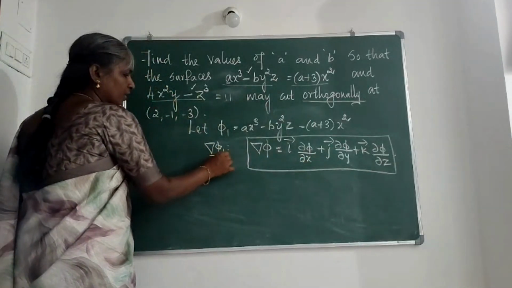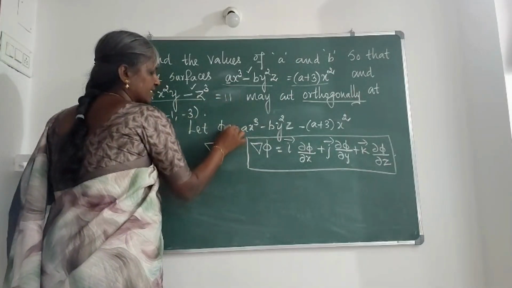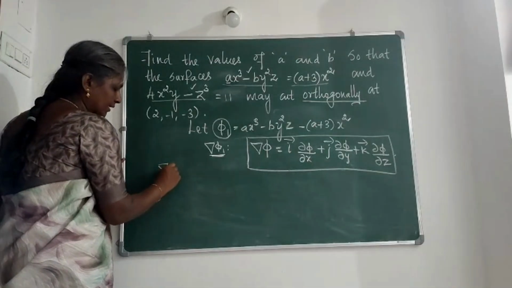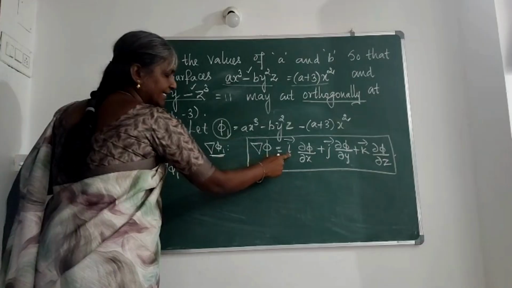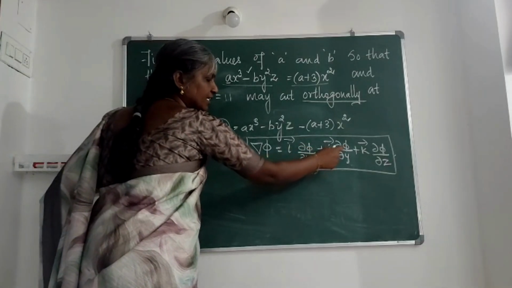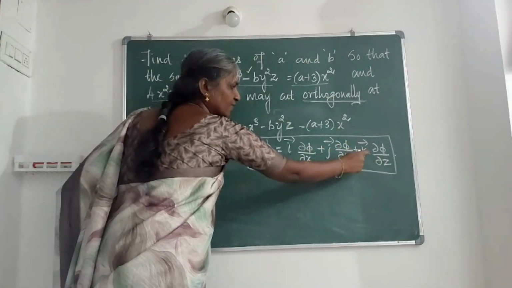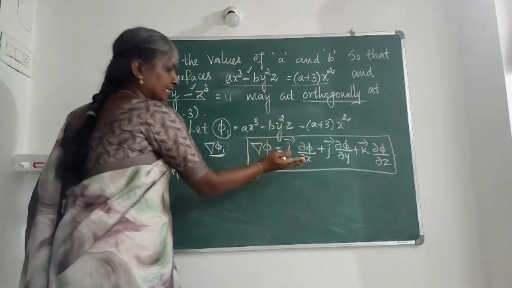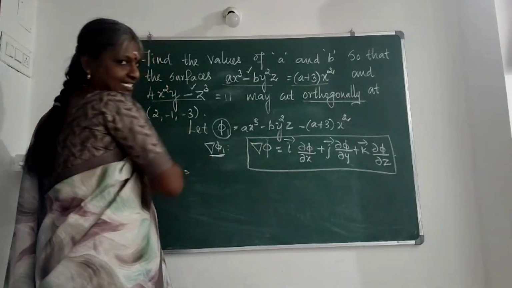Here we have two surfaces, that's why we denoted the first surface as phi 1. So del phi 1 is equal to vector i into dou phi 1 by dou x plus vector j into dou phi 1 by dou y plus vector k into dou phi 1 by dou z. That is the formula with respect to the first surface.